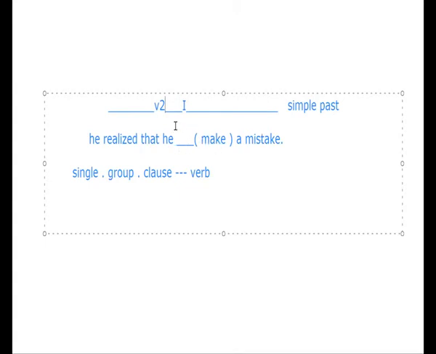That mistake happened before the realization or after the realization? Obviously before the realization. And this area is reserved for had plus V3: he realized that he had made a mistake.